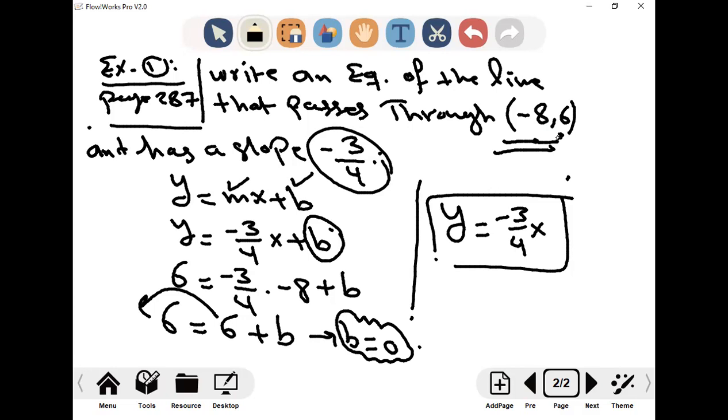Right. I'll give you another example about this formula or this way.